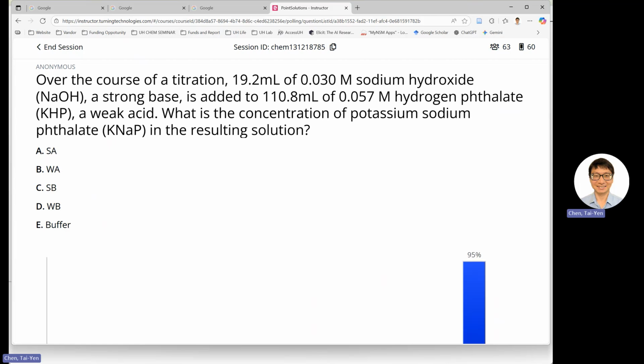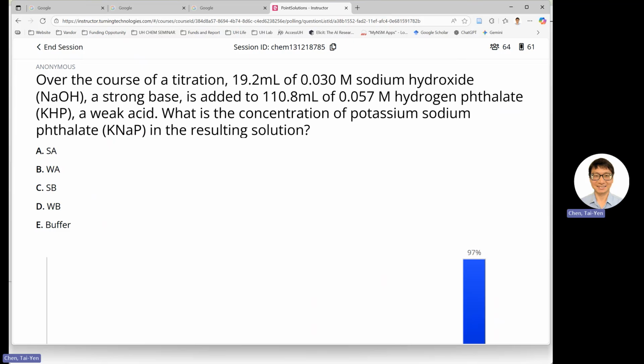We must know that the titrant can only be a strong acid or strong base. Here you have two species, one is a weak acid, the other a strong base. Therefore, the strong base must be your titrant, and your analyte will be the KHP, a weak acid.